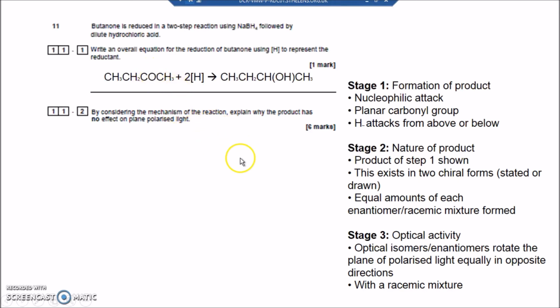That equal chance creates equal amounts of each of the 2 enantiomers, and that's called a racemic mixture, where you get 50% of each enantiomer. Therefore, there's going to be no overall optical activity, because each of the 2 enantiomers rotate plane polarized light equally, but in opposite directions. So you're going to get no rotation of plane polarized light with a racemic mixture.